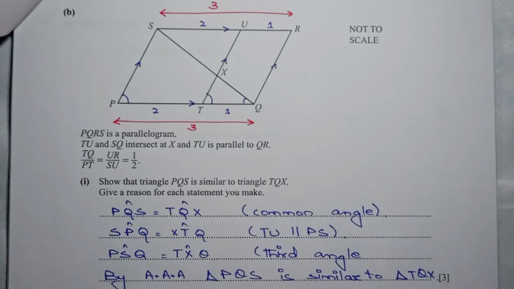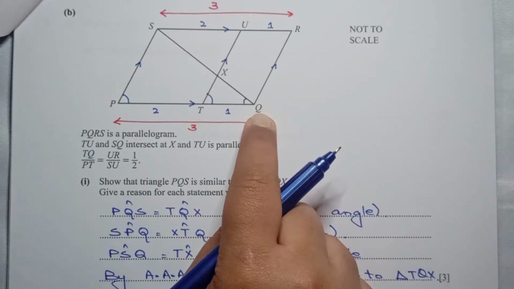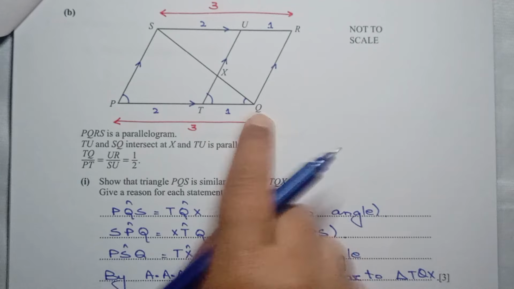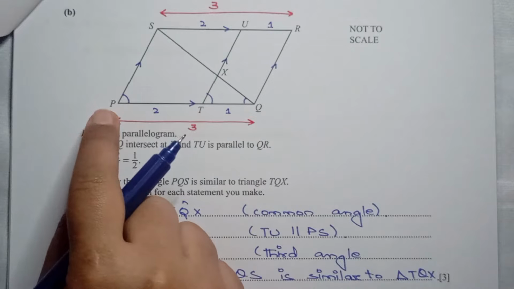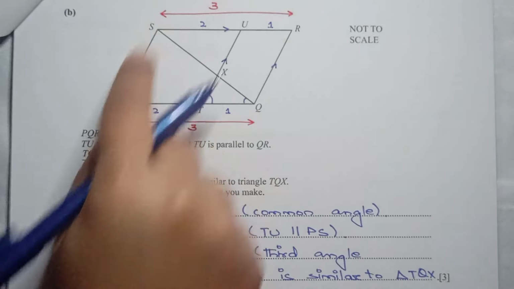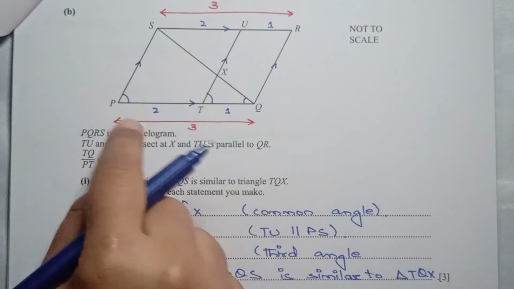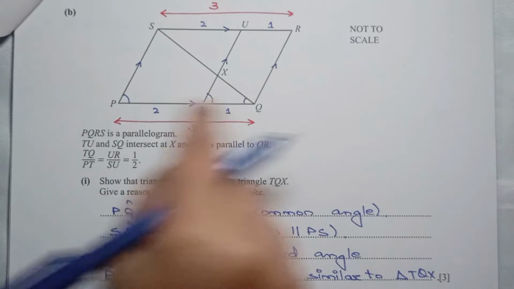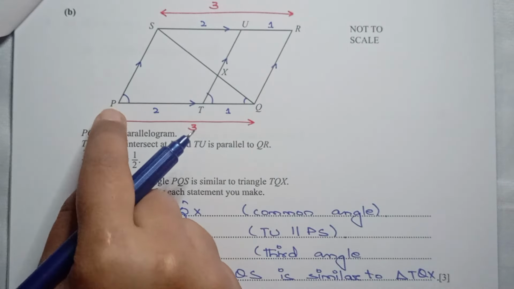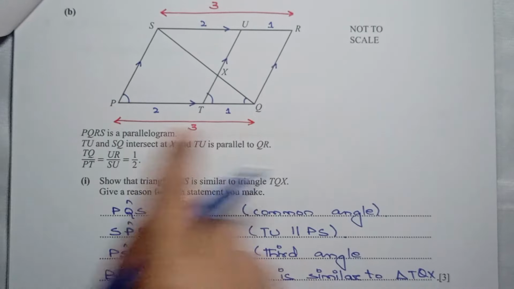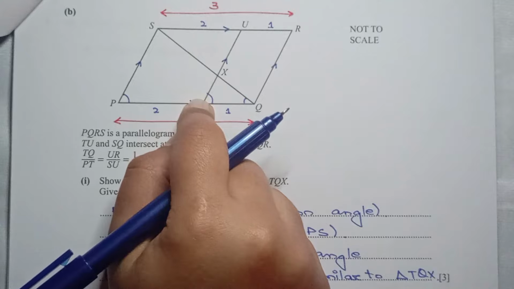Okay. So we have S to X and S to Q. If we use the concept of similar triangles, we have triangle PQS, which is similar to the triangle TQX. The side ratio of the bigger triangle PQS is 3, and for the smaller triangle, the side ratio is just 1, right?